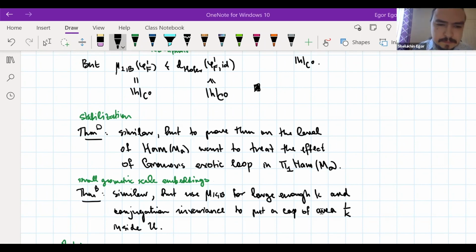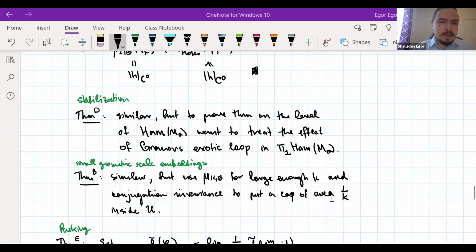This is done by comparing the Lagrangian estimators to a certain quasimorphism on the group Ham(M,ω) that was introduced by Entov-Polterovich. And I must also say that this Gromov's exotic loop was studied by McDuff and Abreu-McDuff in many different publications.